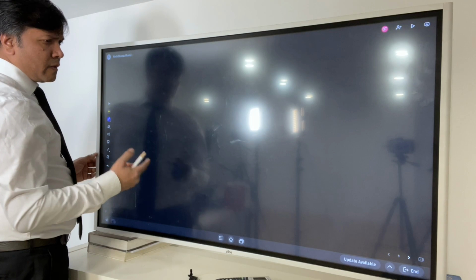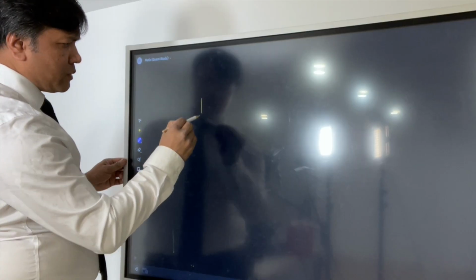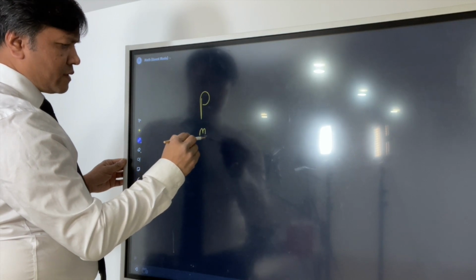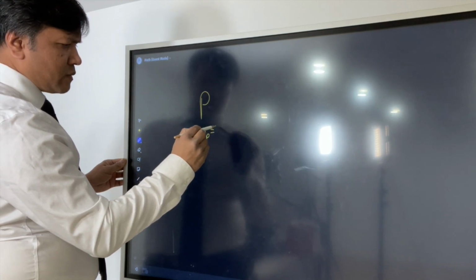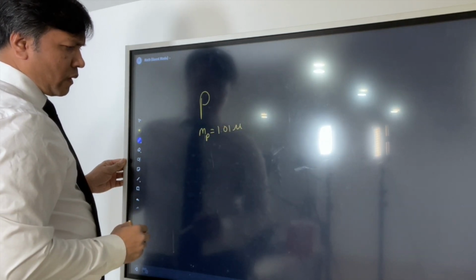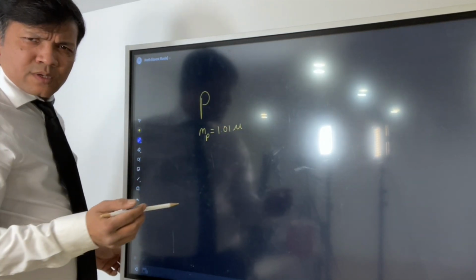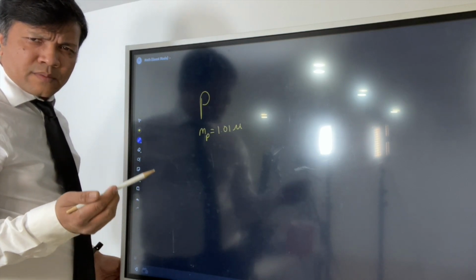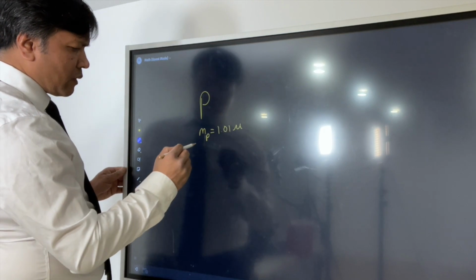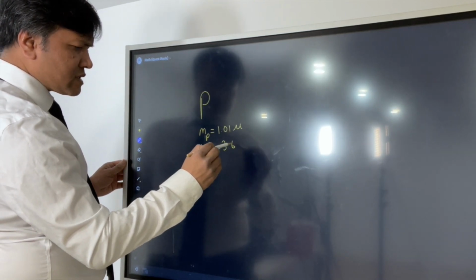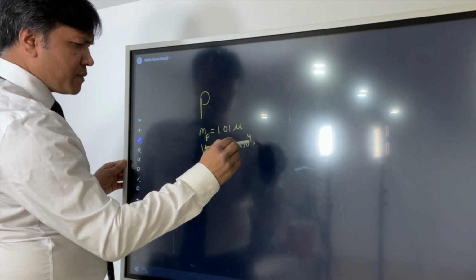So now the problem is a proton. The mass of the proton is 1.01 u, and 1 u is equal to 1.67 times 10 raised to negative 27 kilogram, and the velocity of the proton is, let's say, 3.6 times 10 raised to 4 meters per second.